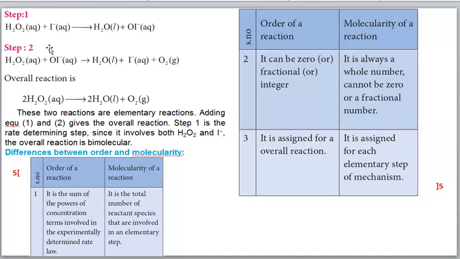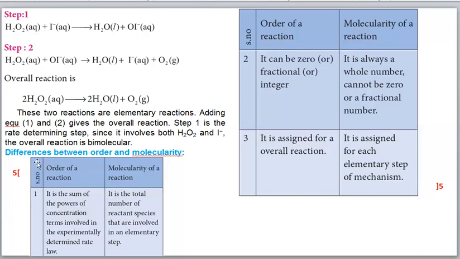The elementary reaction with the lowest rate is called the rate determining step. Since it involves both hydrogen peroxide and iodide ion, 2 species, we can say this reaction is bimolecular. So the overall reaction is bimolecular.